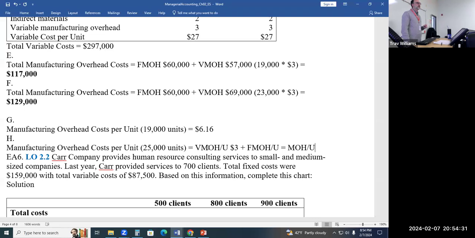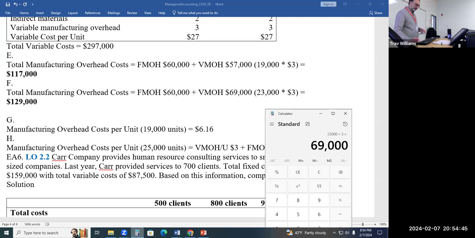What was our total fixed manufacturing overhead? Do you remember? 60,000. So how do we turn that into fixed manufacturing overhead per unit? Divide by the number of units, right? So if we do that, we take that total $60,000 of fixed, divide by 25,000 units.